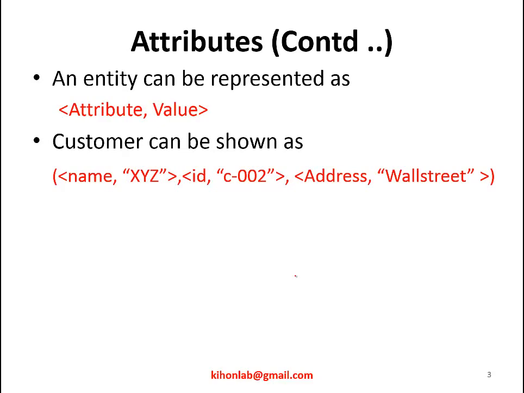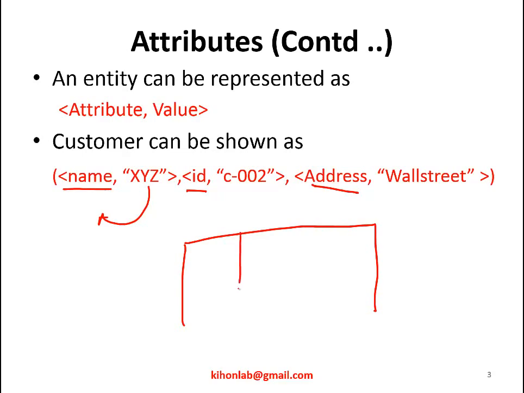An entity can be represented as attribute and value. In this example, this is your attribute name ID, and this is the actual content which is going to be stored at that location. It can also be represented in tabular format. This is the entity customer. An entity is nothing but a table name, and these are the attributes.